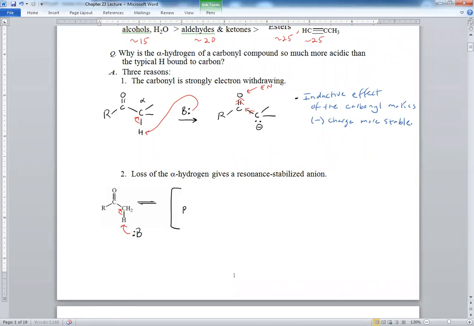You have the R group, we put the electrons on the carbonyl oxygen, and then of course you have a CH2 with a lone pair.